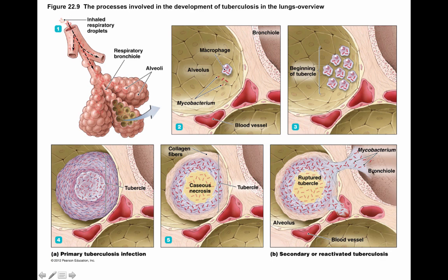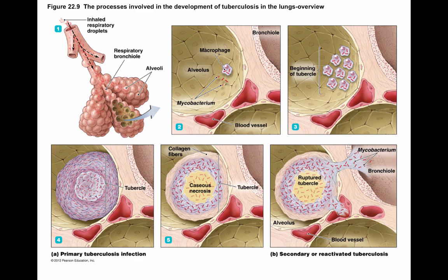They will grow and invade and divide in the lungs. They can enter blood vessels and veins and travel to other organs. That's what happens in disseminated tuberculosis. Disseminated means it's really widespread. It's disseminated and spread throughout the body to other organs.